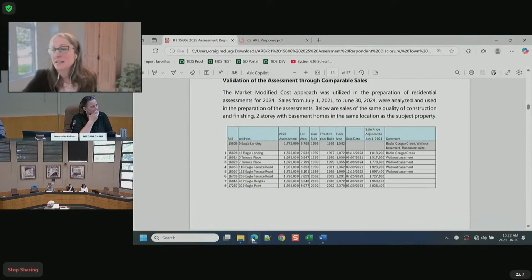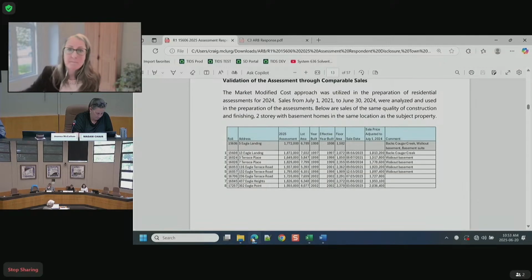You can see that the larger lot areas, the larger square footage, they're assessed higher than the subject property. And so that's what we had meant when we provided these comparables, that they're showing that the overall assessment, the total assessment for each of these properties, given the differences in the property characteristics between them, which we've highlighted the majority of, the assessment for the subject property is reasonable in comparison to the properties that sold, if that makes sense.